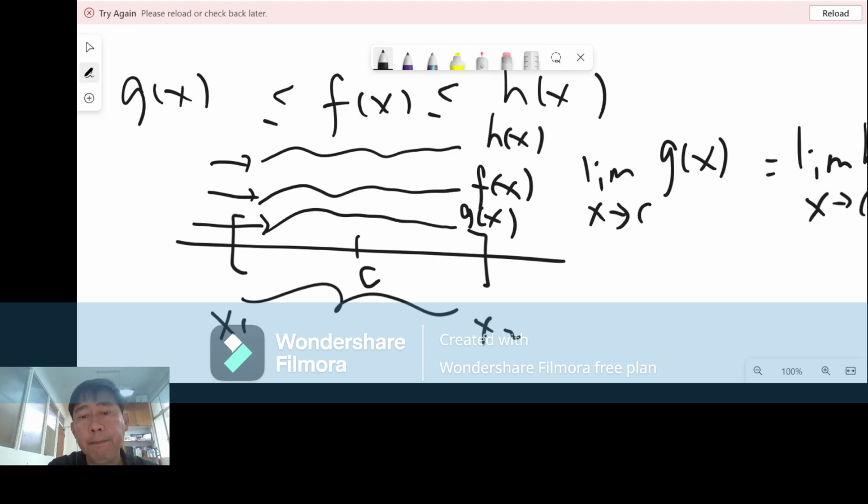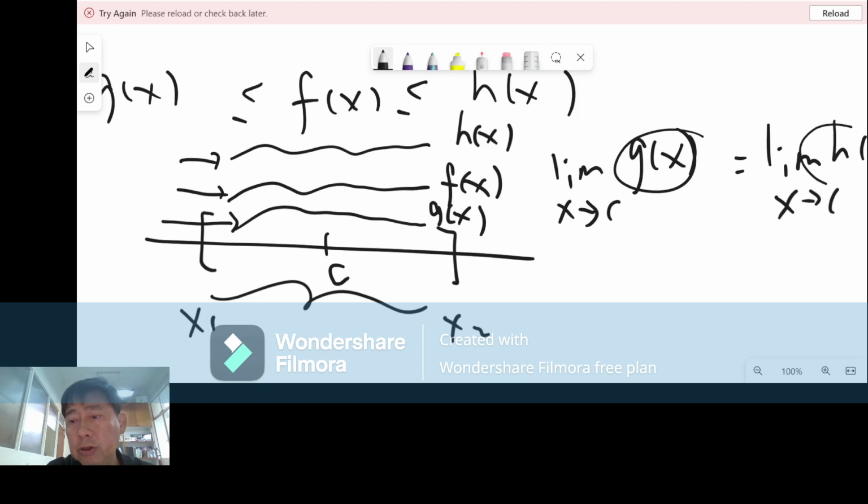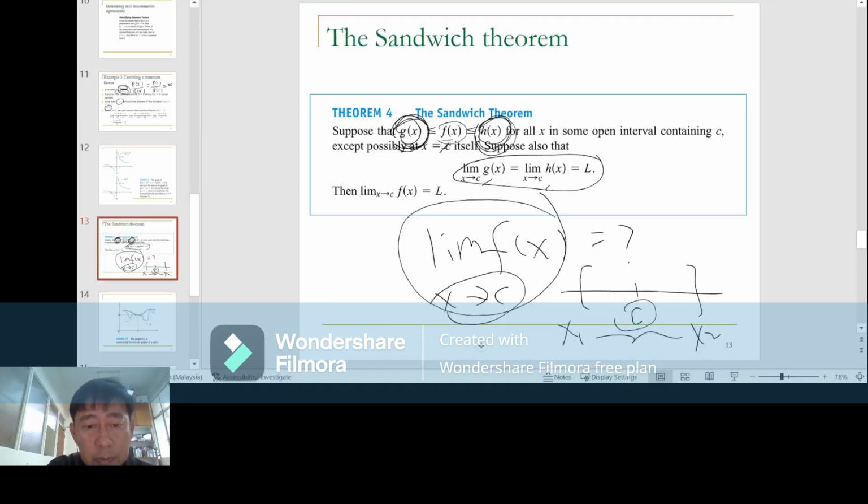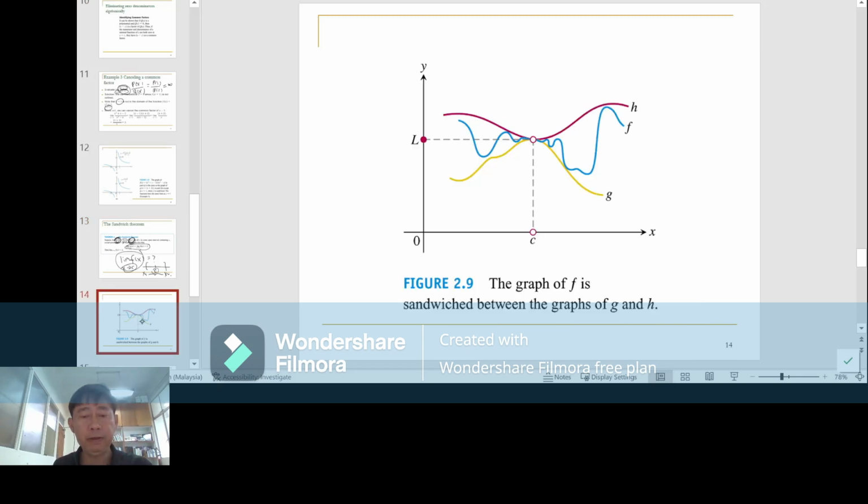And not only that, the limit of g and the limit of h at the point c are the same. I think this is not an accurate representation of the relationship between these three. The more accurate representation is figure 2.3. So here, the limit of the function f at the point c is simply equal to the value L, where L is the common limit of h and g.